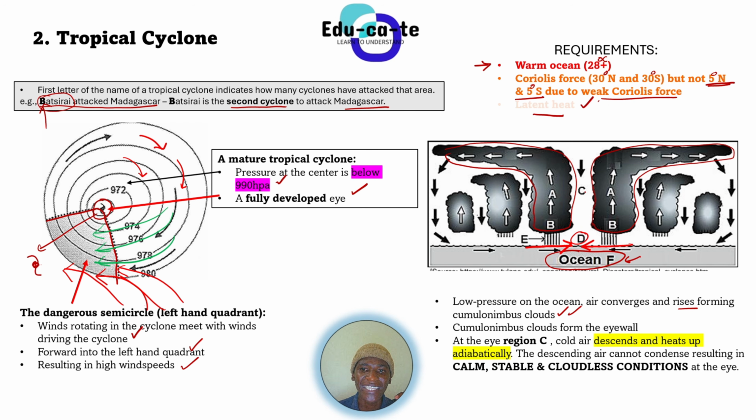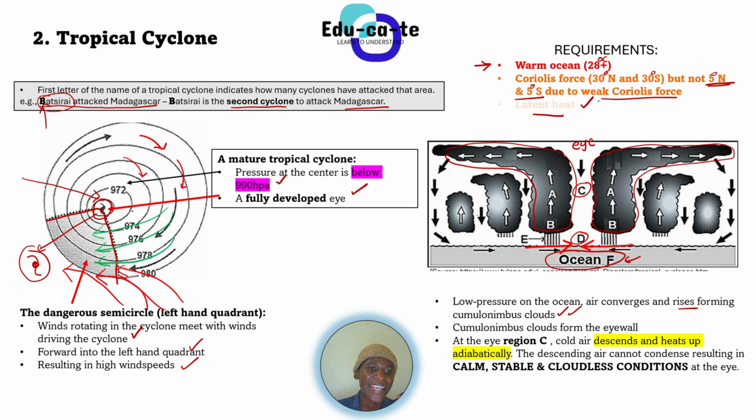But you can see that in between the cumulonimbus clouds, there is a region C, and you can see that the region C does not have any clouds. It has got clear conditions and there is no rainfall. So the region C is actually the eye at a side view of a tropical cyclone. It is actually the very same thing as the eye that you see here at the low pressure, at the plan view basically.